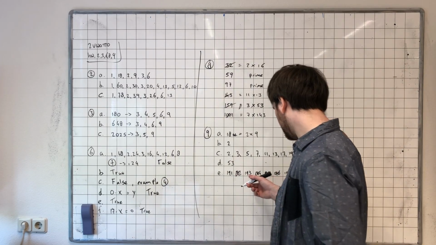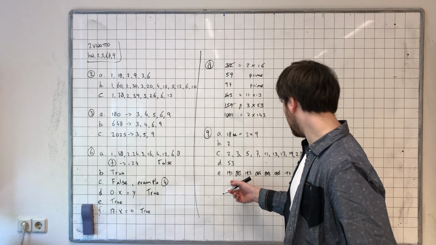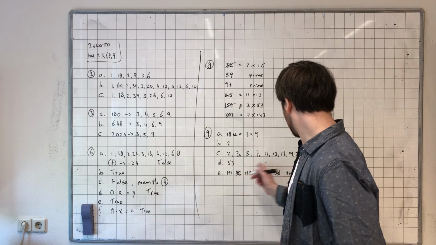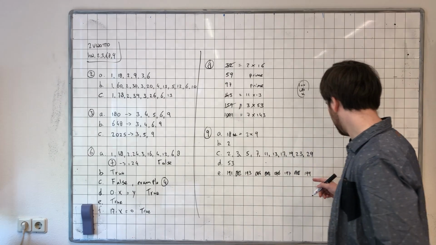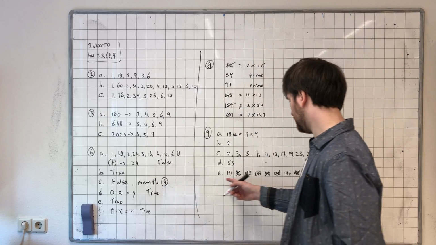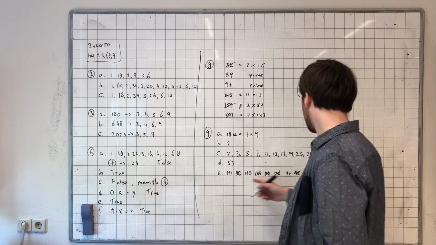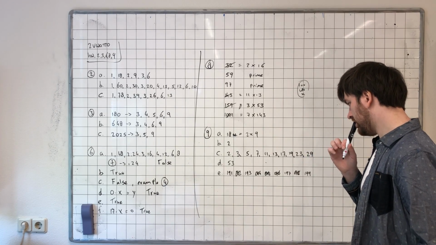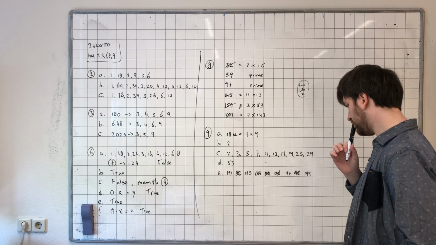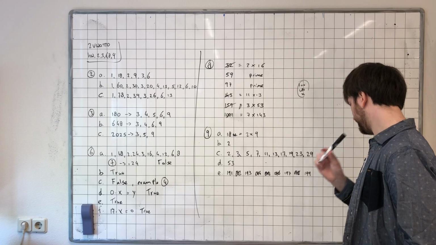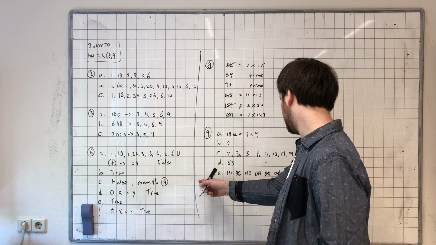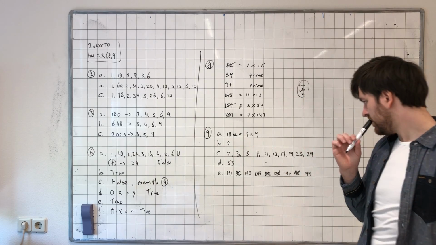Let's see, which 100... This number is divisible by 7, which means that 189 is. So all these numbers are not divisible by 7. Let's check 11 really quick. This one is divisible by 11, so that means something over there as well.